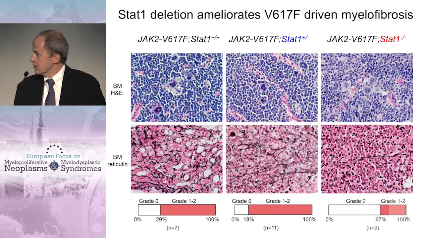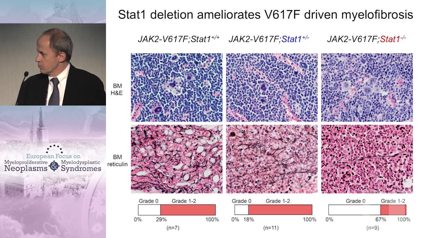It translated into slightly less myelofibrosis. So in the presence of STAT1, we have myelofibrosis starting around 16 weeks or so in these mice. When STAT1 is absent, then we have a shift towards more mice in grade 0 and a few in grade 1, 2 myelofibrosis.